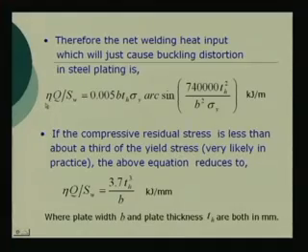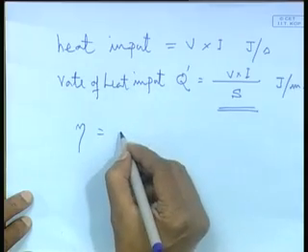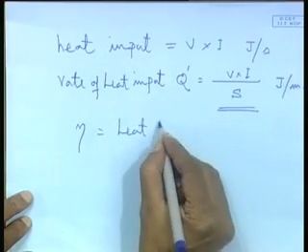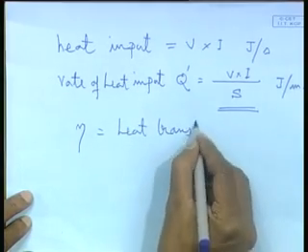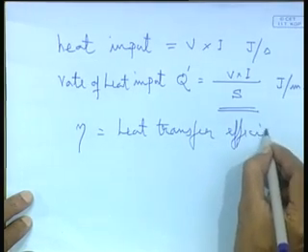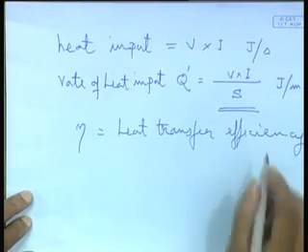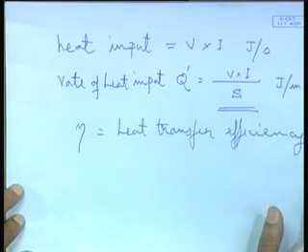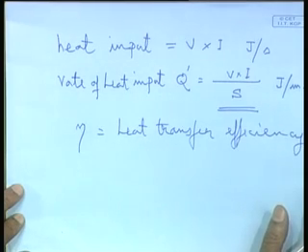That is what you can see here, it is given on the left hand side, eta Q by SW, SW is the welding speed, and eta is a heat transfer efficiency factor. Heat transfer efficiency means for different welding conditions, you have different eta.